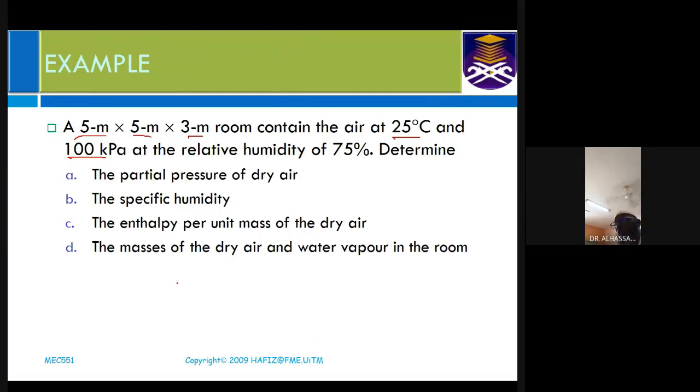This is a pressure below atmospheric pressure, so we are not allowed to use the psychrometric chart. Here we need to use the calculation or numerical method, and I'm going to show you how to go about this.